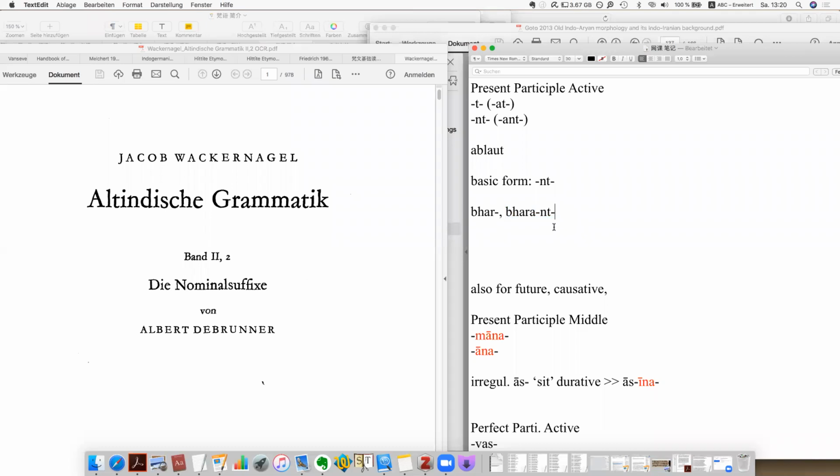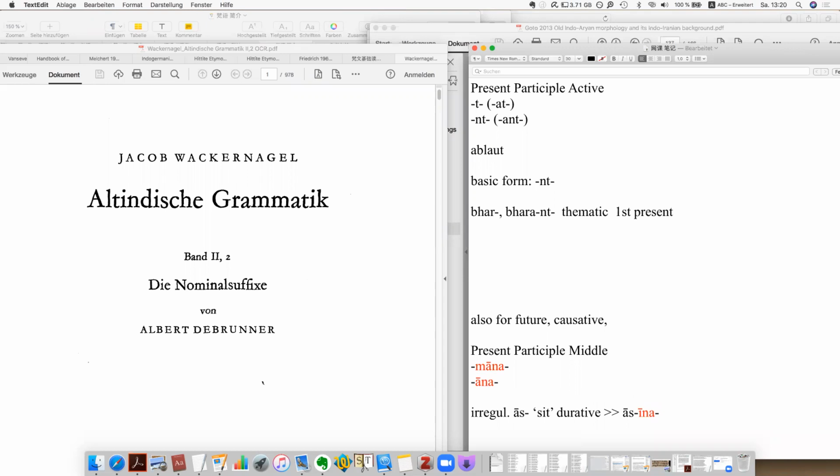And then, this is thematic, so bhara is thematic. It's a class one present. But what about athematic, like dvesh?